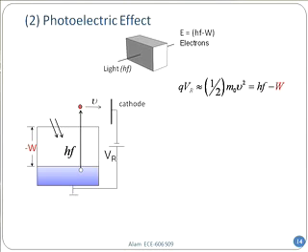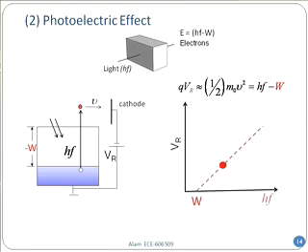And this is the expression. You can easily see that this is how it should work out, and experimentally this is indeed how it worked out. If the energy of the light is less than W, nothing is going to come out. The electron jumps up, but it doesn't have enough energy to be free, and it goes back down. So you do not get anything below W, and above W it comes out linearly.